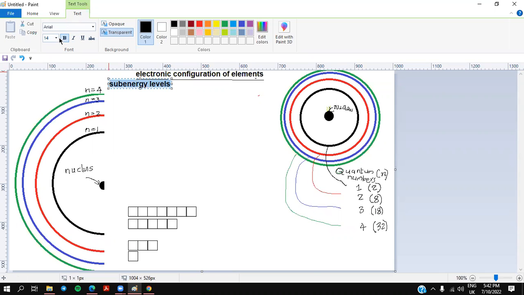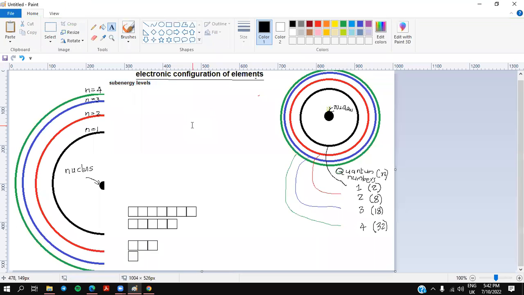It is because when more and more electrons come into an energy level, they begin to repel each other. Electrons are going to repel each other. Therefore, these quantum numbers are divided into sub-energy levels, and in these sub-energy levels, you can keep electrons.